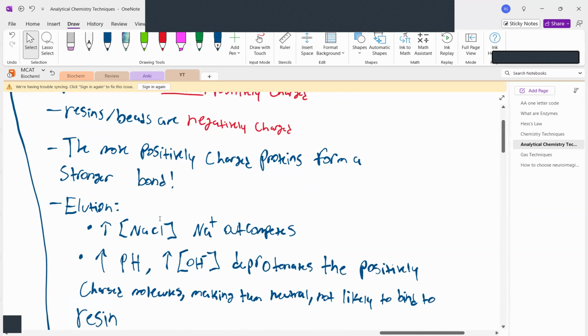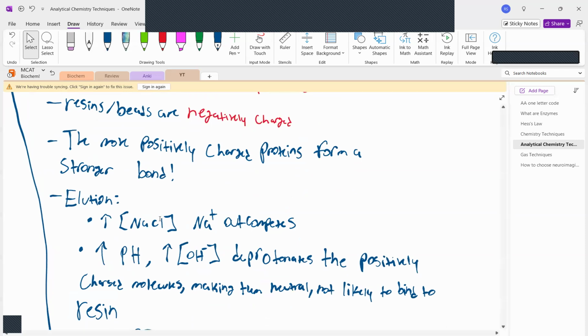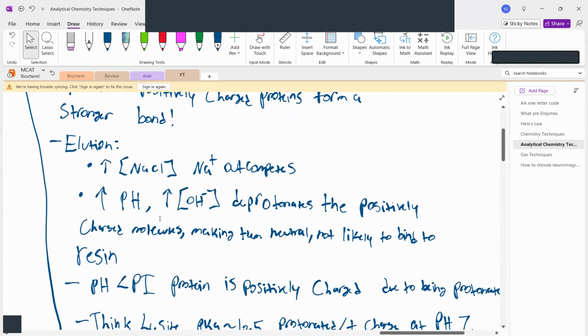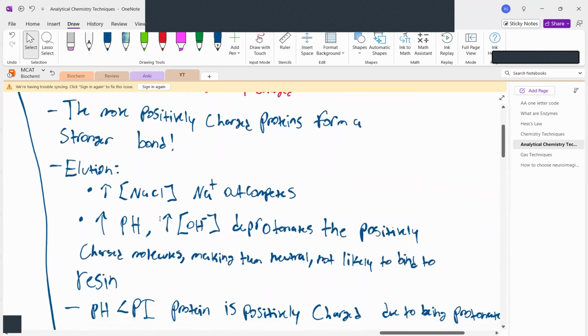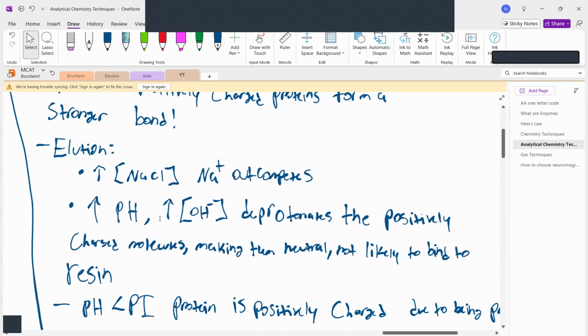Which makes sense, right? Since opposites attract when you're talking about electricity and magnetism. So for elution, in order to get rid of those positively charged proteins and collect them, you could increase the salt concentration.